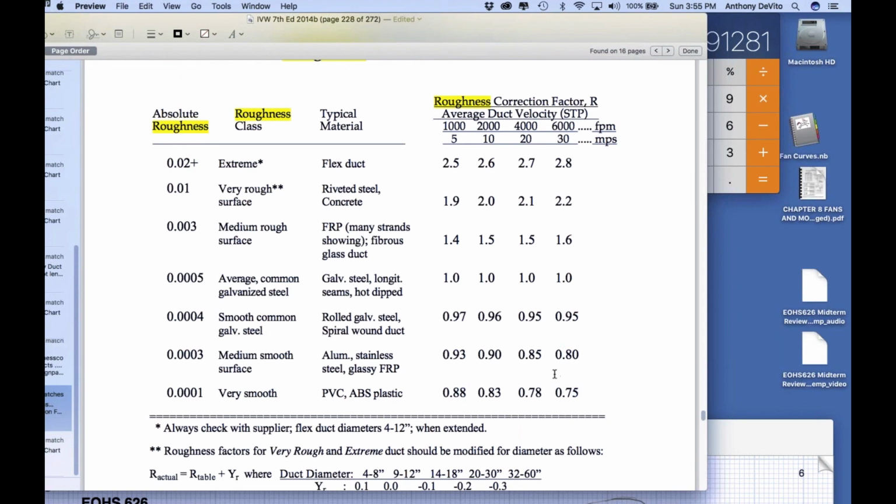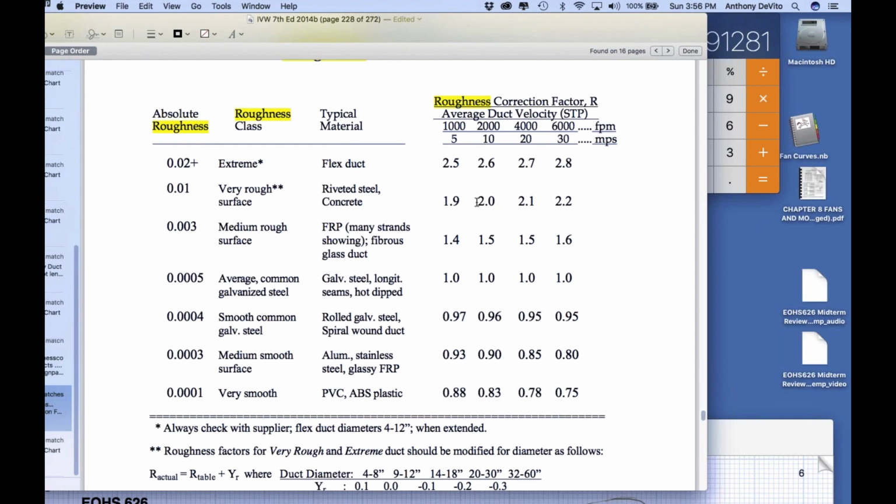That will decrease the static pressure loss that you're estimating in the ductwork, which makes sense because you would expect a lower static pressure loss since this material is very smooth. And of course, the worst case is flex duct. You can see riveted steel or concrete has a very rough surface, so the number is greater than 1.